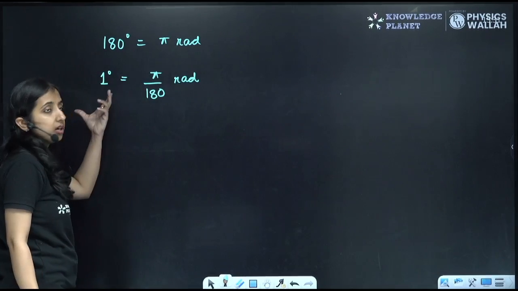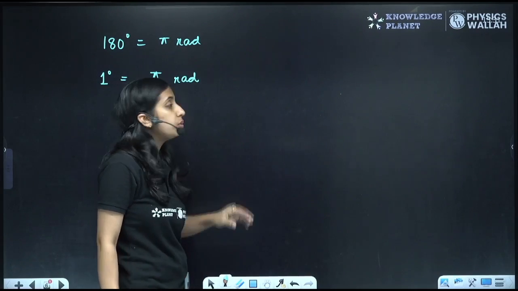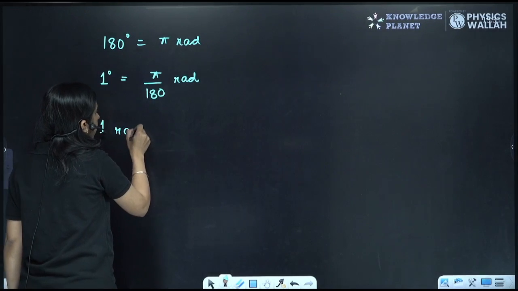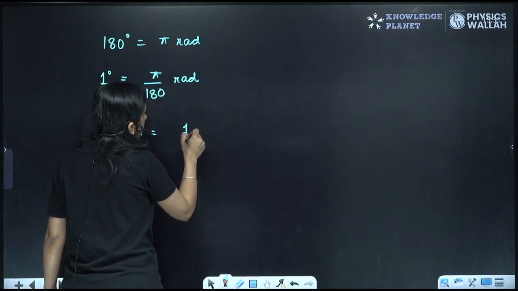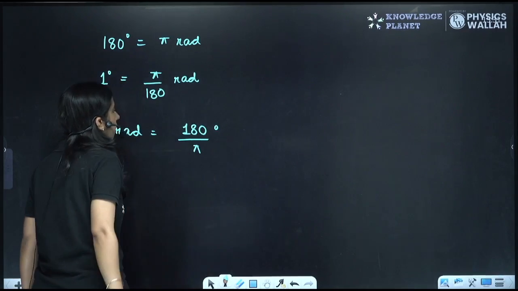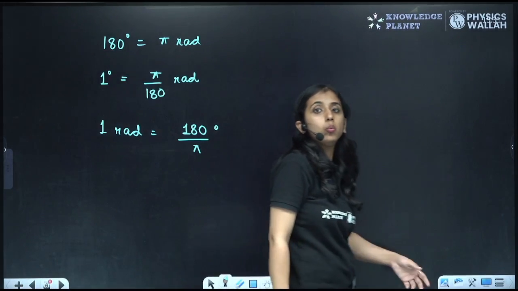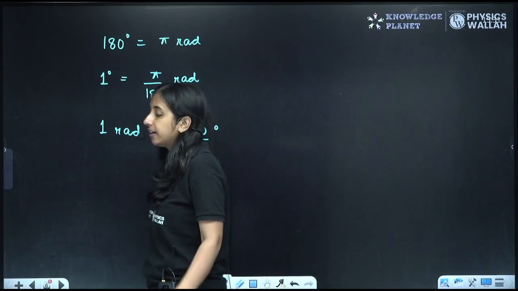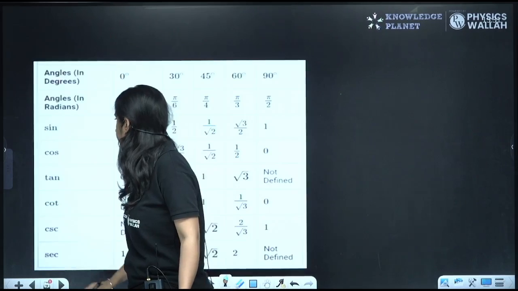This is how we convert degree to radians, and if I say 1 radian, then 1 radian is equal to 180 by pi degrees. This is how we can convert an angle from degree to radians.